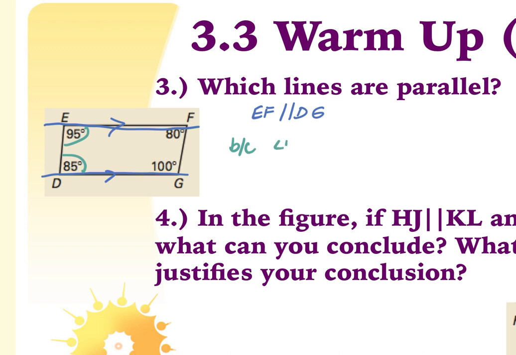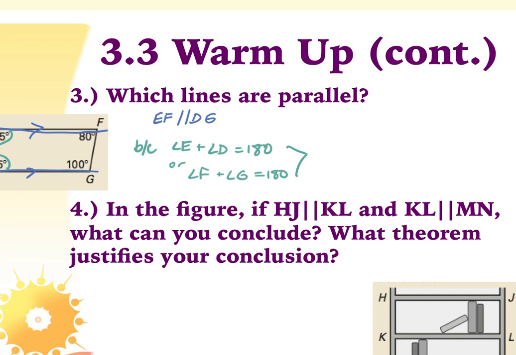Because angle E plus angle D equals 180, which means that they are same side interior, or same thing true with F and G, okay? These would be same side interior, or consecutive interior. Sorry, I keep saying the same thing. Consecutive interior angle converse.